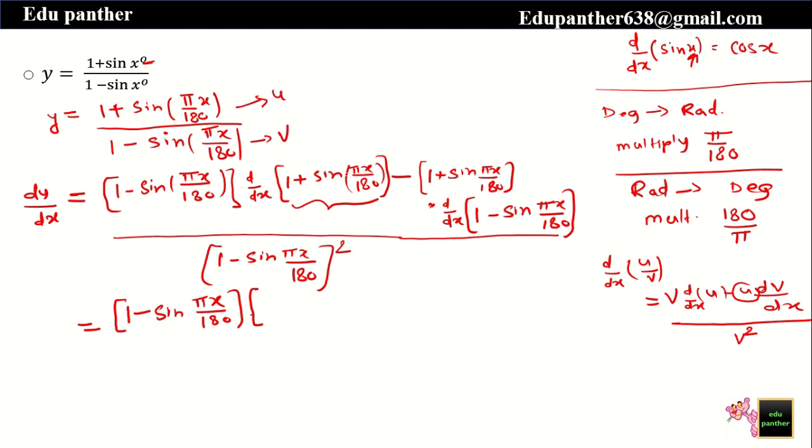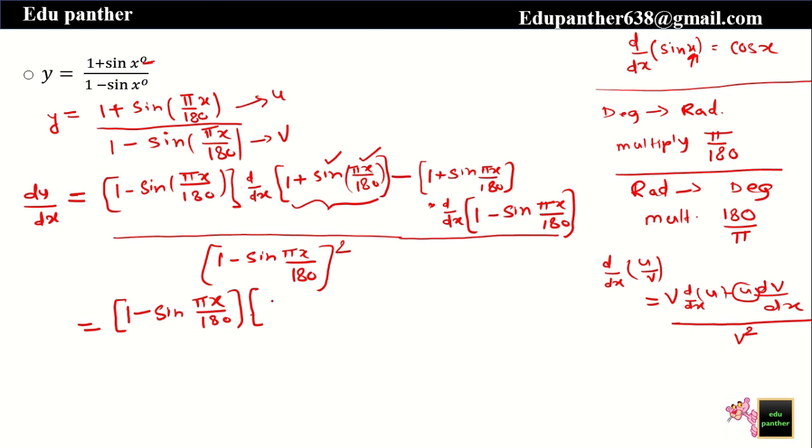Then take derivative of sine pi x upon 180. So we can see two functions here. One is sine function and inside this we have pi x upon 180. That means it is mix of two functions, so it's composite function. So we have to use composite rule. So first, which function will differentiate? Yes, sine function, and then multiply with this derivative of bracket.